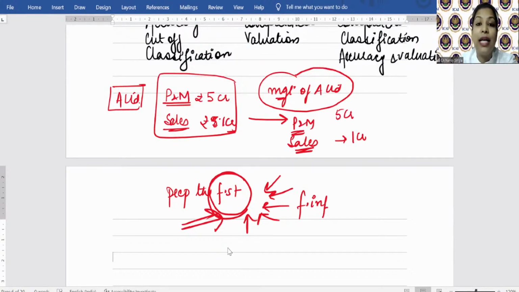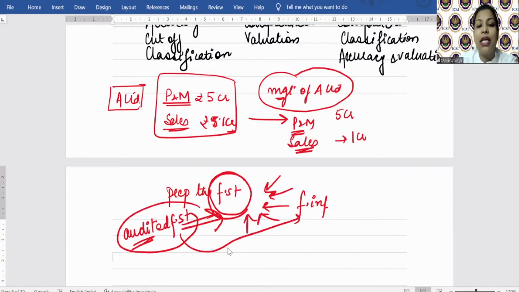But as you know, since a number of stakeholders are involved, that is why there is a concept of what? Audit. So once an auditor audits and examines the financial statements, they become what? Audited financial statements. And such financial statements are used by the users of the financial statements.